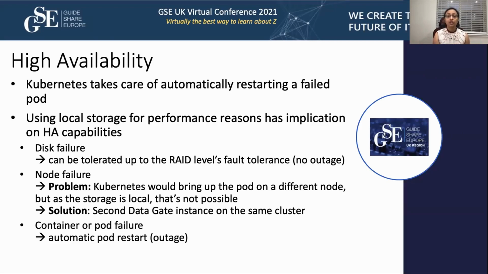The alternate solution to tackle failure situations would be to have a second DataGate instance on the same cluster. And in case of a container or pod failure, the infrastructure will attempt to restart the pod automatically, and it would take an outage until the pod comes back online.